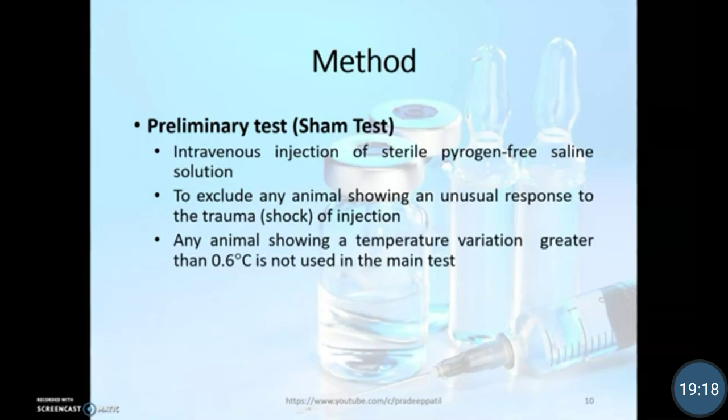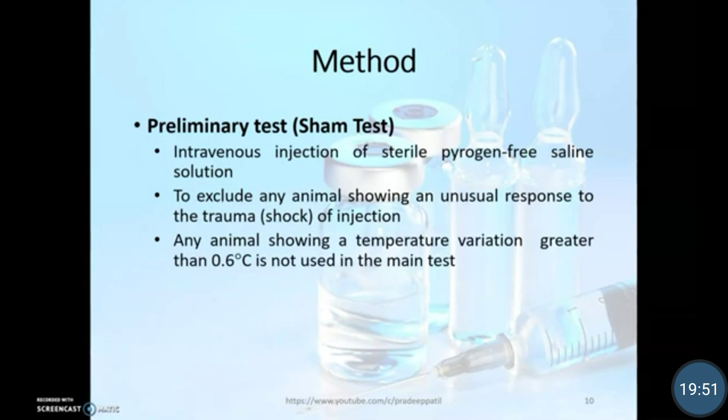In this case, first the initial temperature is taken, after that the pyrogen free saline solution is injected to the rabbit, and after that again the body temperature is checked. If the temperature difference between initial temperature and after test is greater than 0.6 degrees Celsius, then those rabbits are excluded and not taken for performing the main testing.